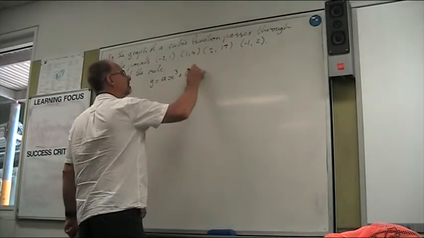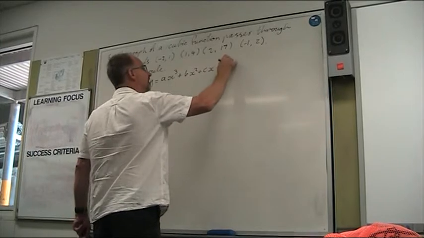So ax cubed plus bx squared plus cx plus d.